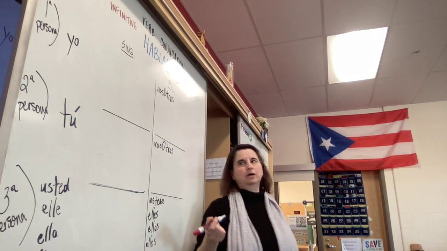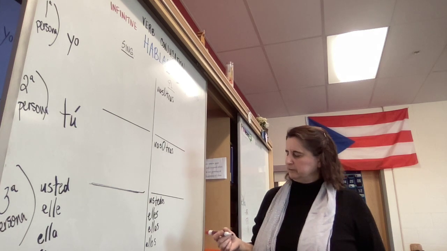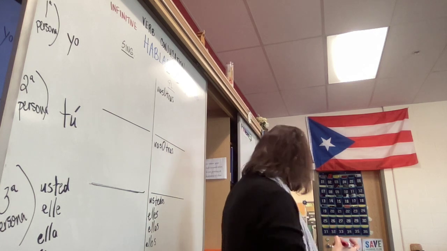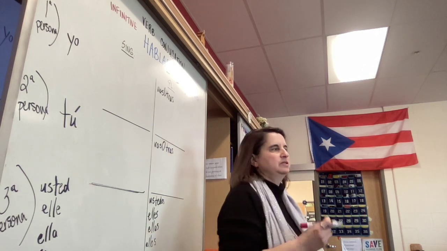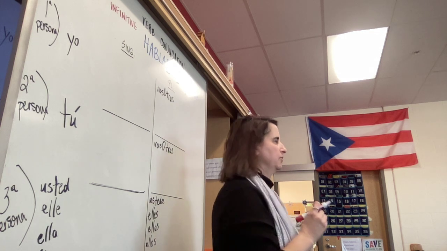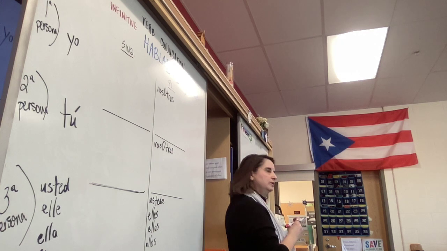To speak, to talk, to walk, to go. All right. The first step is to identify which kind of verb this is. There are three kinds of verbs in Spanish: AR verbs, ER verbs, and IR verbs, depending on the ending. So which one is this?